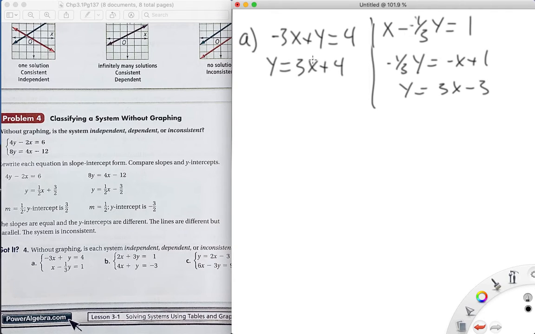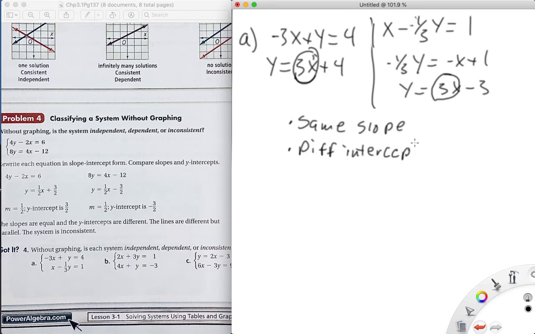Notice that the slopes are the same. So same slope. They have the same slope, but they have different intercepts. Same slopes, different intercepts.